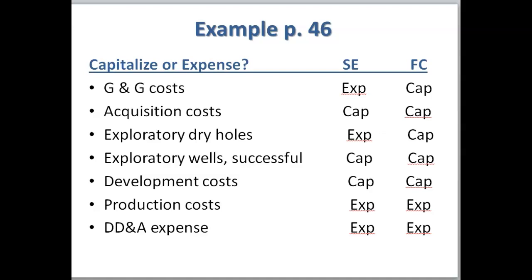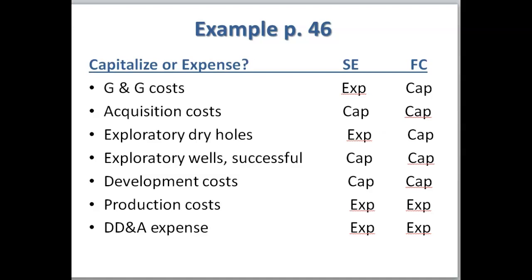But as we will see in some examples, the DD&A expense amount will be different. It will be significantly higher under full cost because we have capitalized more of our assets. So if you look at the table, you can see under full cost, all of the drilling and acquisition and development costs are going to be capitalized.